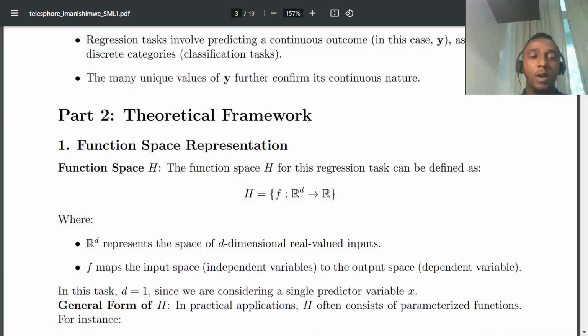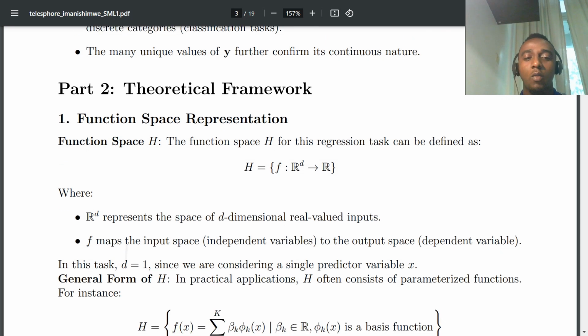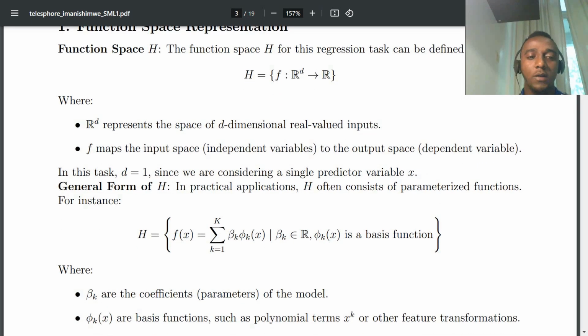And after that, I went to the second part by finding the function, where my function was defined as f, such that I will take an input in dimension R^d and the output will be a real number, as the output must be continuous, so must belong to the real numbers.